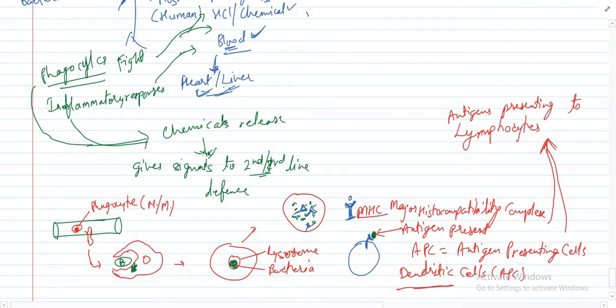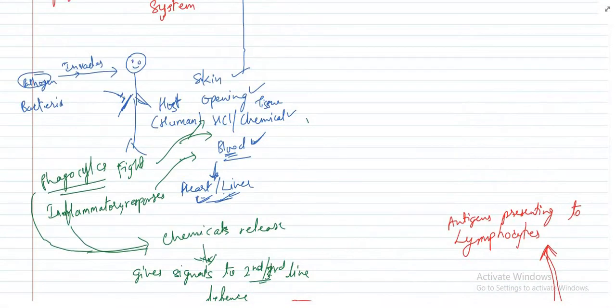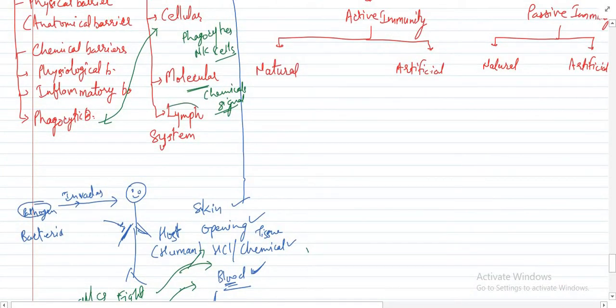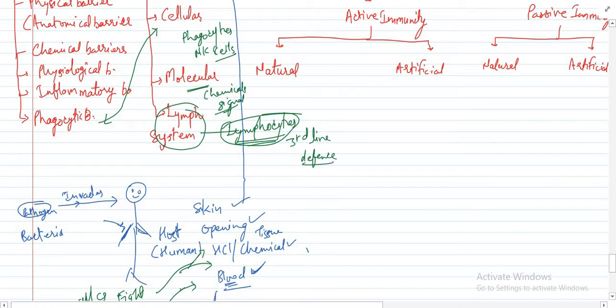Now you know that there are lymph organs or the lymph system. Since we already told you that these are part of our body, that's why we call them the second line of defense. But it contains some cells, lymphocytes. Lymphocytes generally move in the blood, and these are part of our third line of defense.